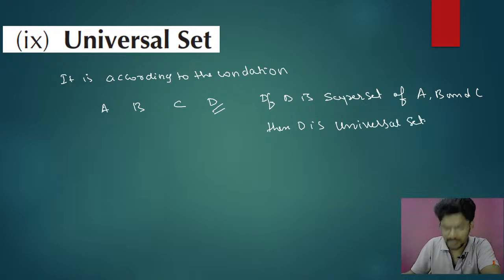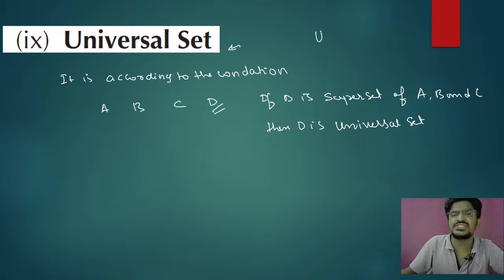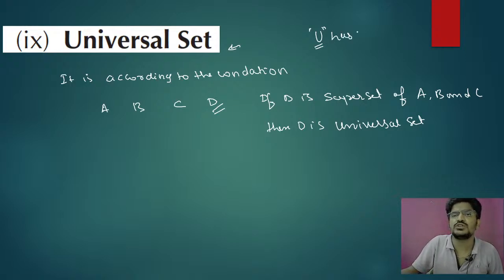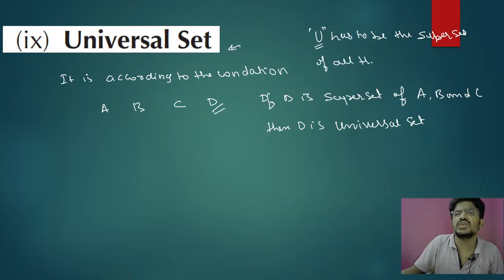Are you getting my point? See, then what is the meaning of universal set? The universal set is denoted by U. This U has to be the superset of all the given sets.